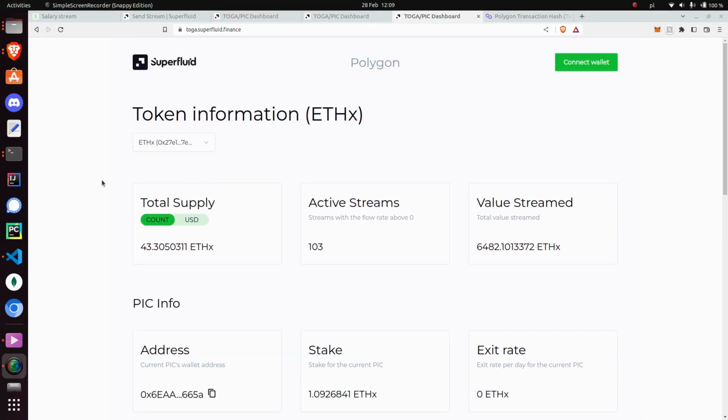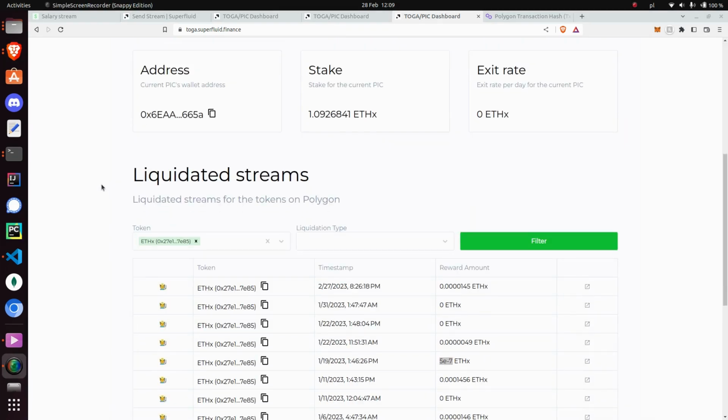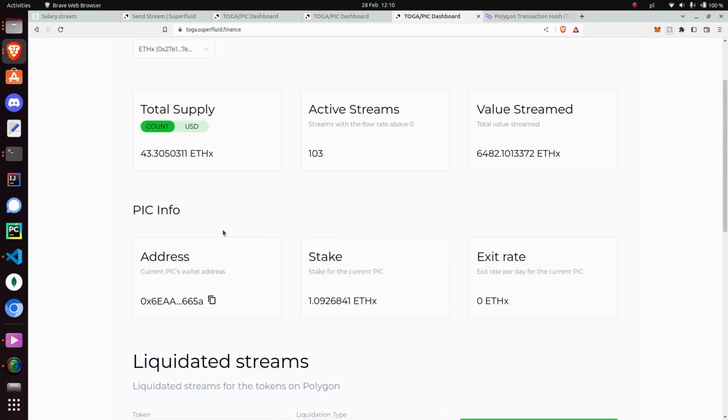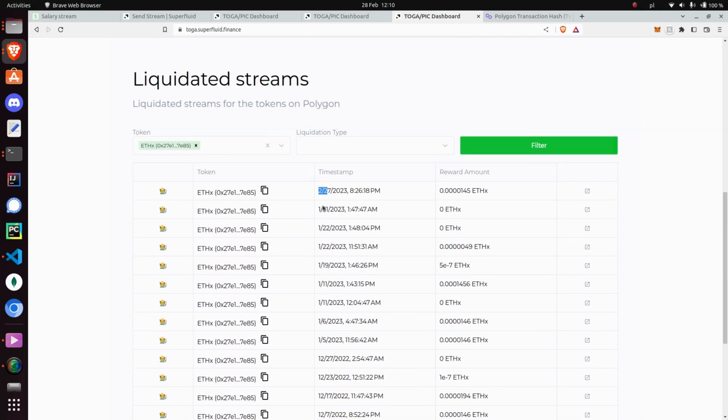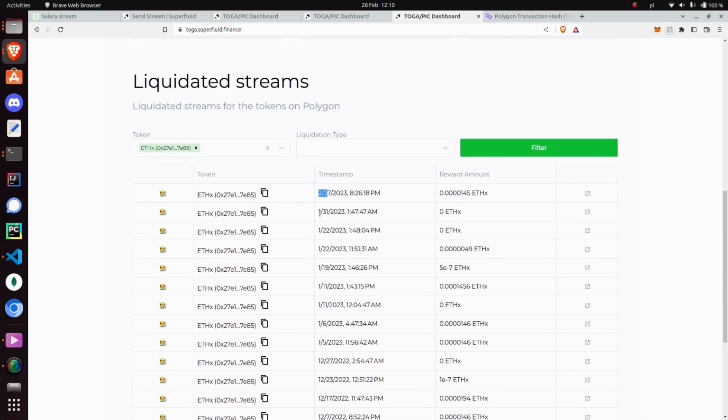It's important to mention that we are only aggregating the data from the last 30 days. So you can see that this super token only had one liquidation for the month of February so far, and the previous ones are in January.